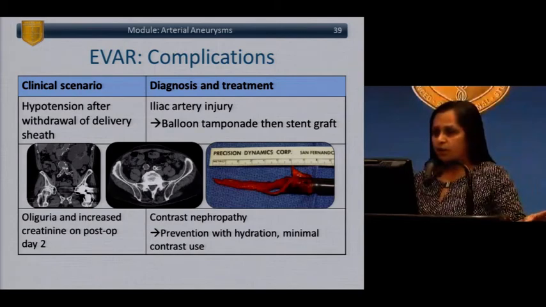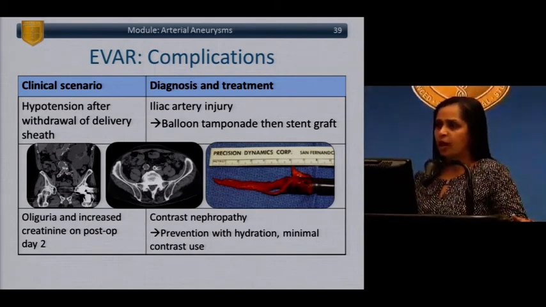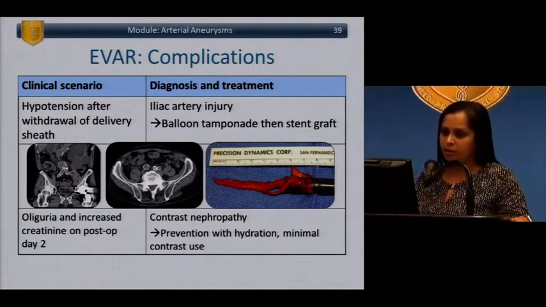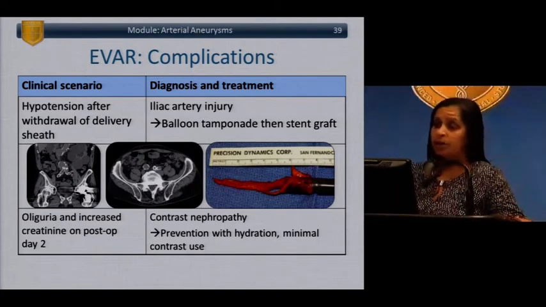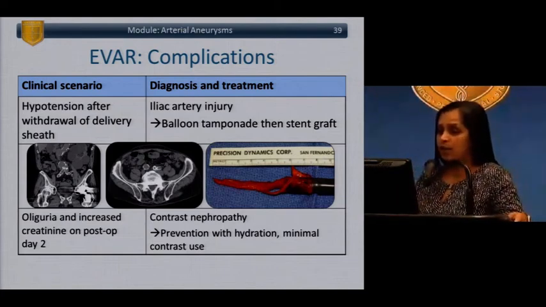We'll talk just for a few minutes about perioperative, intraoperative, and then later complications of endovascular aneurysm repair. Couple clinical scenarios just to go through. During the operation, the patient becomes hypotensive, especially at the end of the case when you're withdrawing your sheath. That is an indication of iliac artery injury.